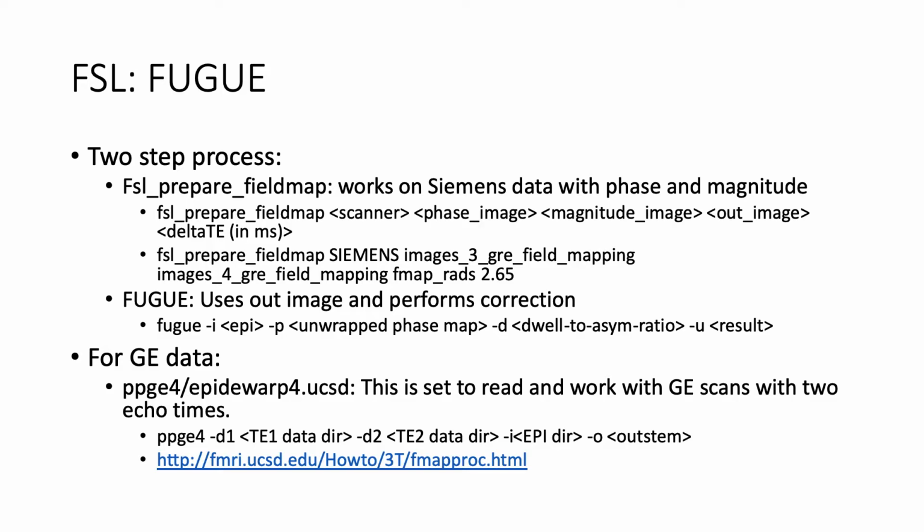Because like I said, FSL was primarily built using Siemens scanners, and they made the code work with their scanner, so other labs and centers had to apply it to their own. And there is a script available on this link that helps you apply that.